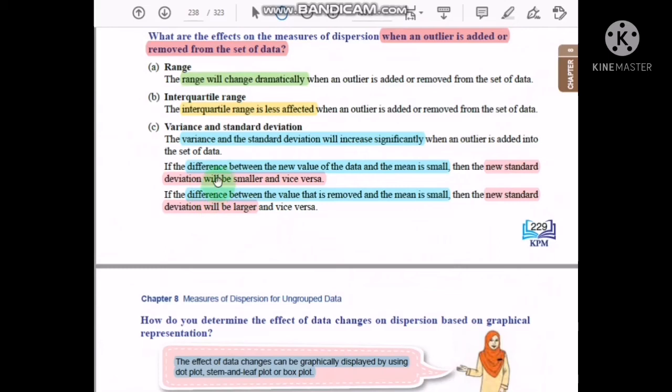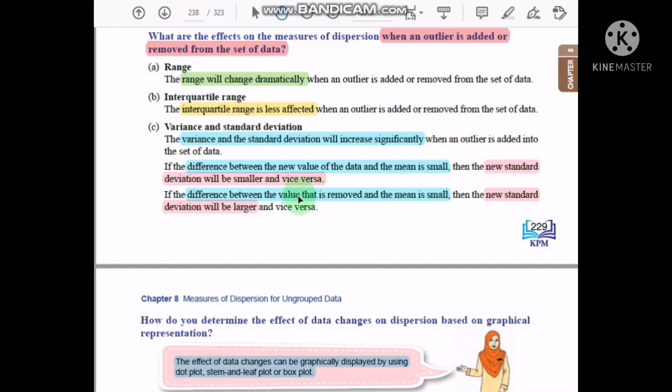If the difference between the value that is removed and the mean is small, so the new standard deviation will be larger. Maksudnya dekat sini perbezaan antara nilai yang dibuang dengan mean tu kecil.